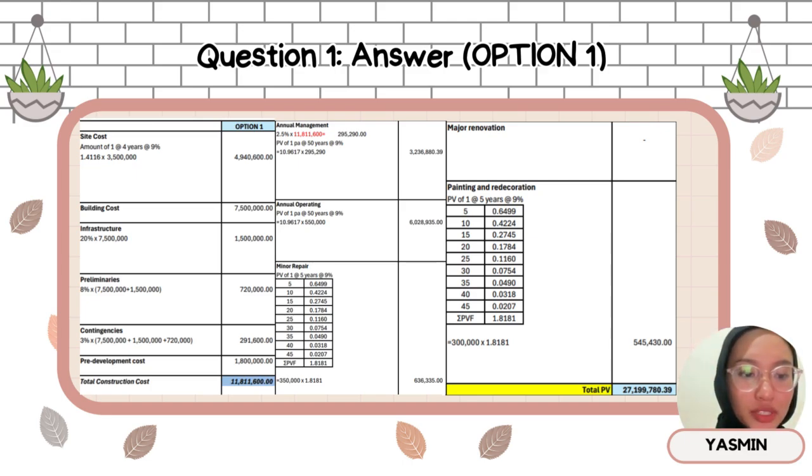For the pre-development cost, it is 1.8 million. Then the total construction cost will be 11,811,600.